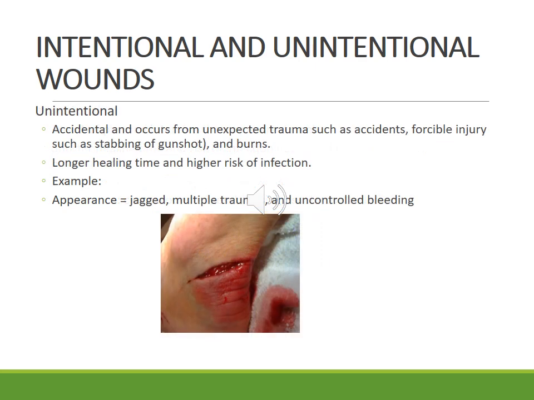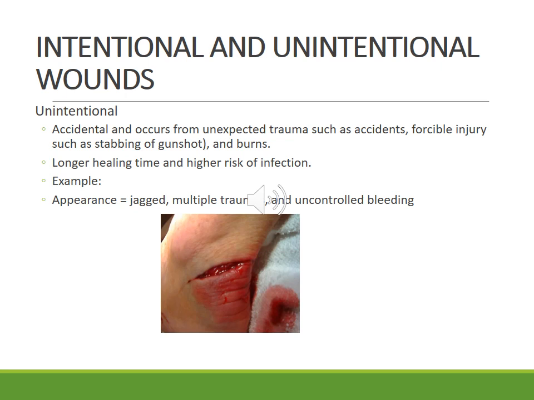When we think of an unintentional wound, that's that accidental cut that happens, and it occurs with unexpected trauma, such as accidents, forcible injury, possibly burns. As you can see in the example picture, we don't have that nice, well approximated edge possibly with these.